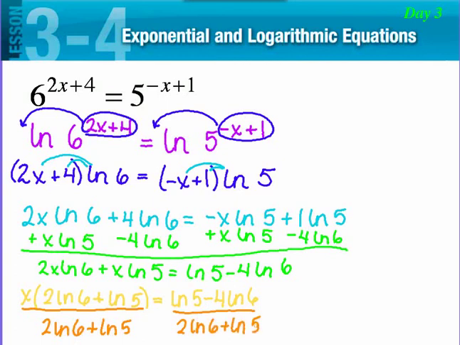Now go ahead and calculate this. The important thing to remember is that each of these needs parentheses around those. Okay, so go ahead and calculate that for me. So I end up having natural log of 5 minus 4 ln of 6, and I'm going to divide that by 2 ln of 6 plus ln of 5.